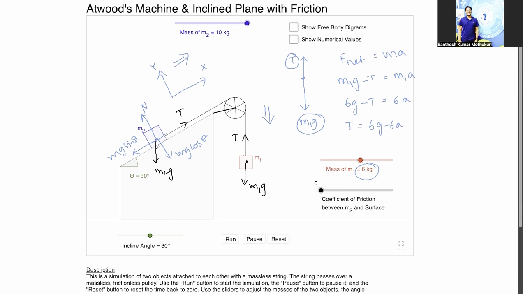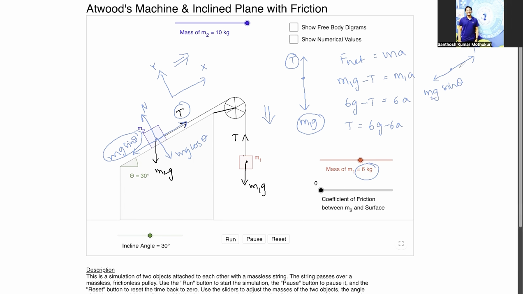Now look at mass 2, which is on the plane. When you look at the mass on the plane, the movement is happening along this direction, and this is taken as the positive direction because the movement is in this way. So tension minus mg sine theta I need to take, right? For mass m2, tension is acting this way, and m2g sine theta is acting this way.